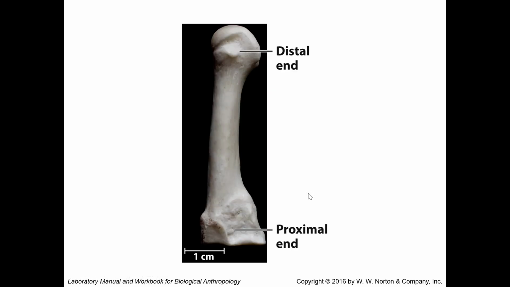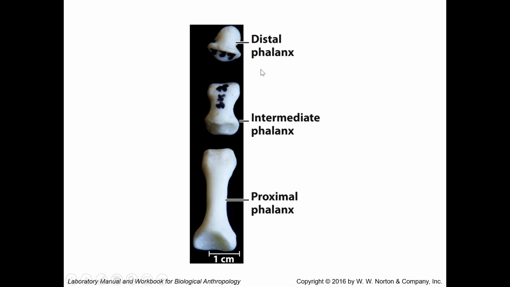Here you've got the metatarsal. Again, it's an anterior view of a typical human left metatarsal. You can see the difference here between the proximal and the distal end, right? Squarer, more flat, and a rounded distal end. And here are the three phalanges: proximal phalanx, intermediate phalanx, and distal phalanx.